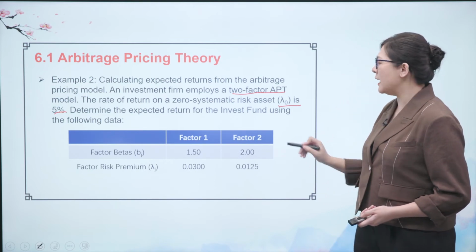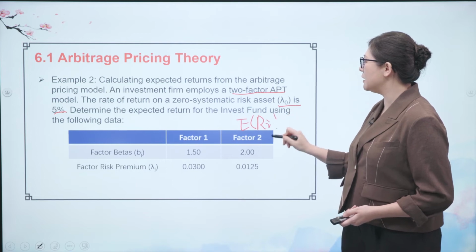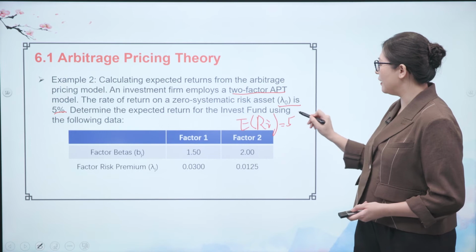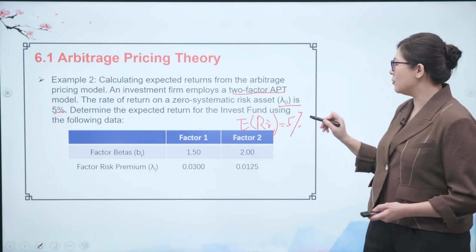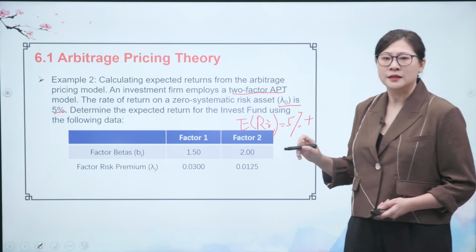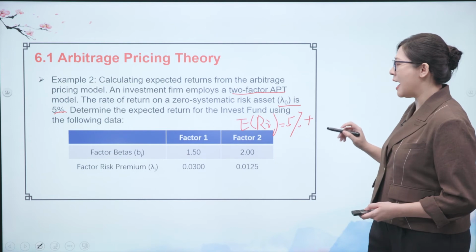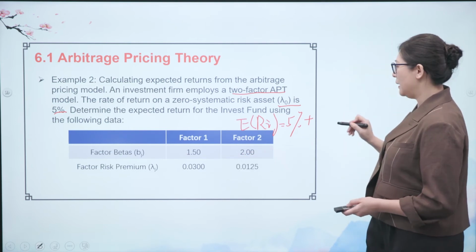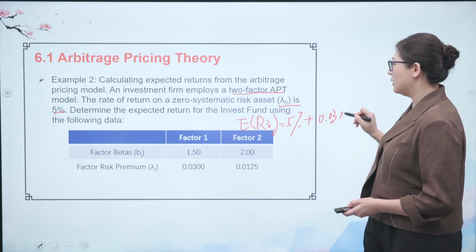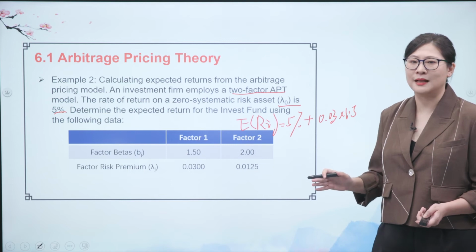So we know the expected return should equal your lambda 0, so you can write down 5%, and then plus lambda 1 multiplied by B1, where lambda 1 here is 0.03 multiplied by 1.5. So that's lambda 1 multiplied by B1.